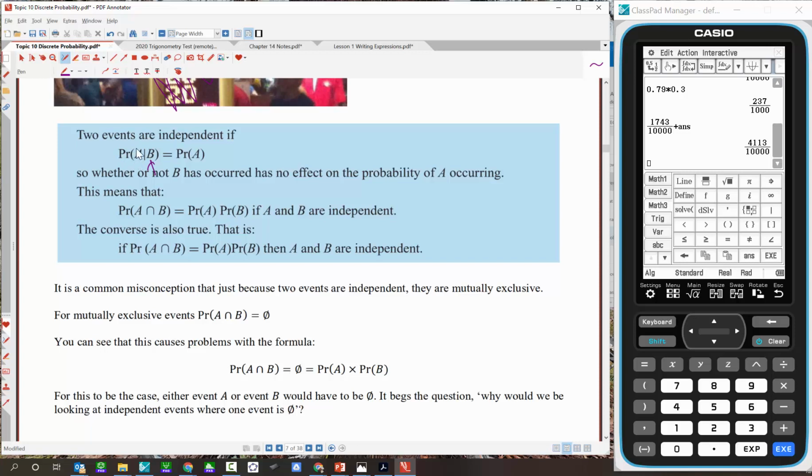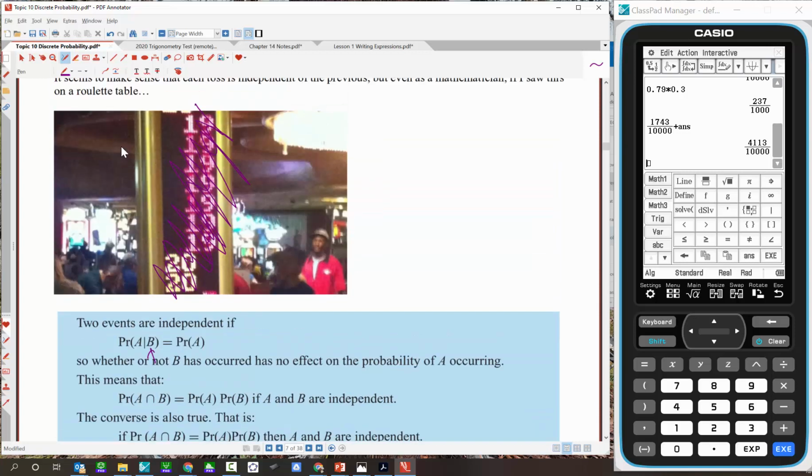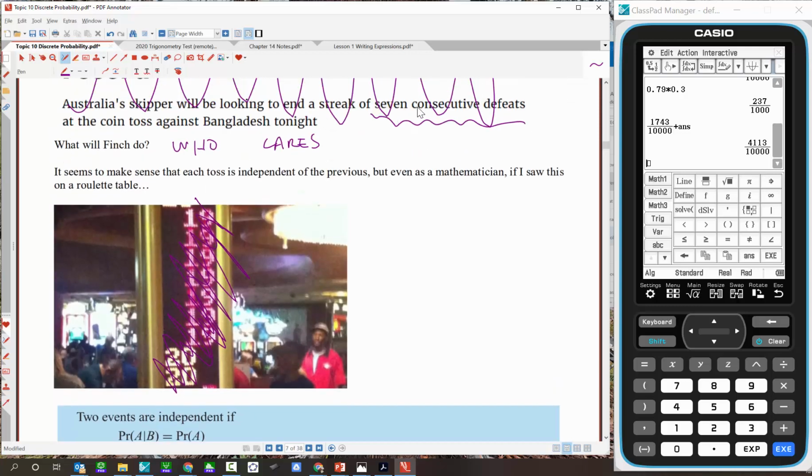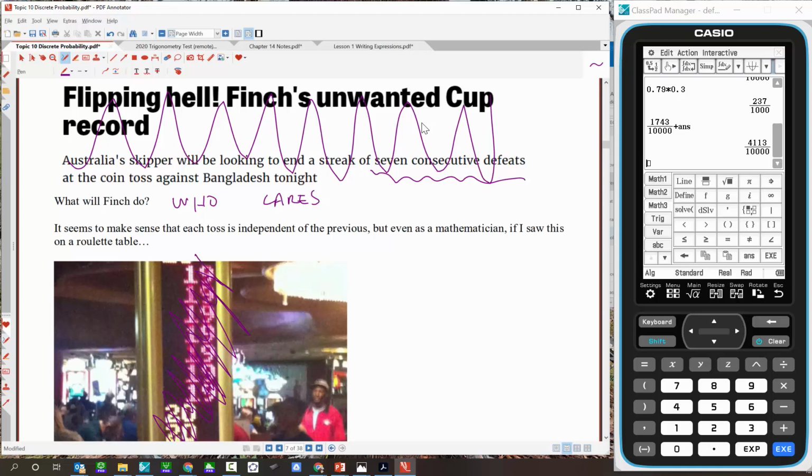So in the case of a roulette table, if I said to you, this is the history of the roulette table, we got 7 19s followed by 20, what do you think will happen next? You just go, whatever it is, there's a 1 in whatever it is chance of my number coming up. Or if I told you that Aaron Finch has lost 7 consecutive coin tosses, what do you think his chances are tonight? You'd be like, yeah, 1 in 2.